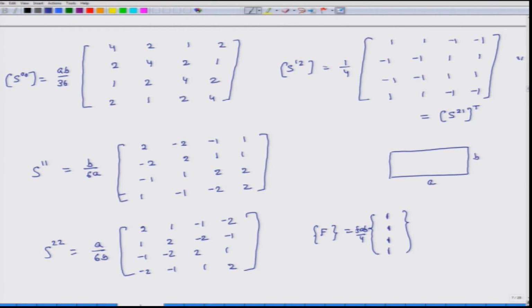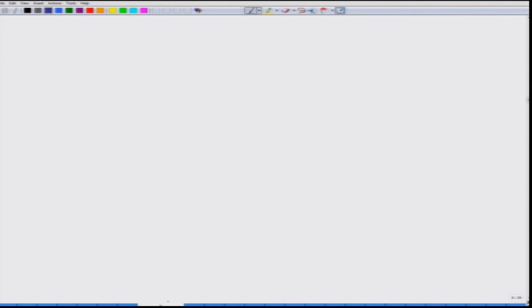So, what we have done so far in these 4 lectures is that we have computed elements of K and F matrices for a triangular element and for a 4 noded rectangular element. Now, in our finite element equation, the equation at the element level, the overall equation is what?